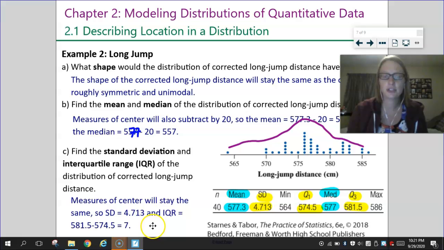My standard deviation stays 4.713. My IQR stays the same number I get when I do Q3 minus Q1, which is 7. So because this was a subtracting problem, which works the same as adding, my measures of center all subtracted by 20, while my measures of spread stayed the same.